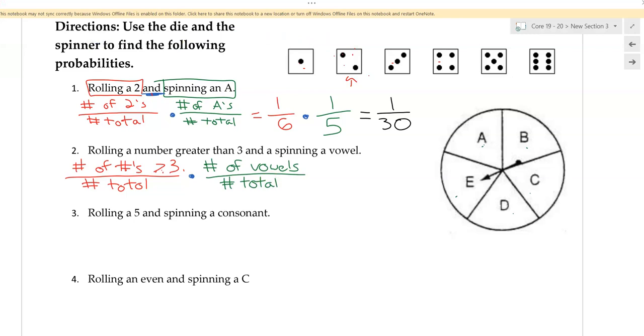So my numbers that are greater than 3, again, 3 is not greater than 3. 3 is equal to 3. So 4, 5, and 6 are greater than 3. So that's 3 of them.